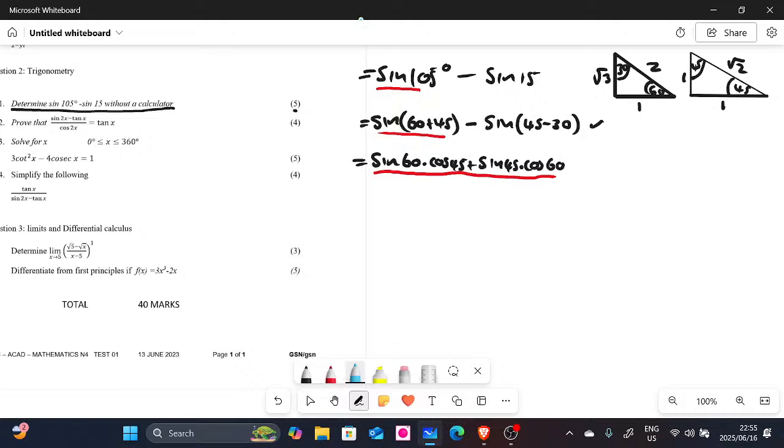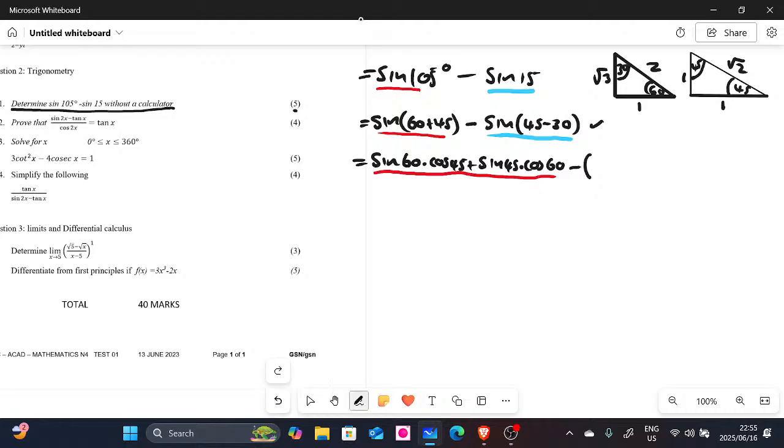Now let's expand this one. Let's not forget we need to expand this one. Since we have the negative sign there, guys, we rather put it inside the bracket, right? So I'm gonna put it inside the bracket. When I'm expanding it, I must make sure that I put it inside the bracket. So we're gonna have minus. Now we expand this one. Now, between 45 and 30, we have the negative sign there.